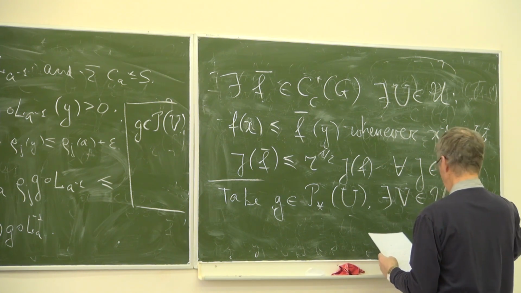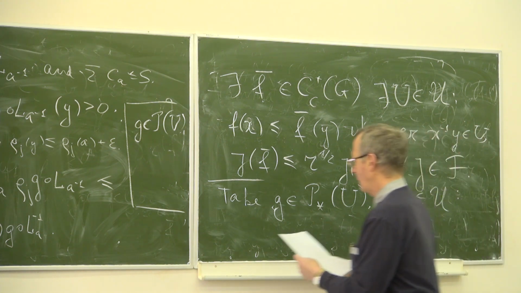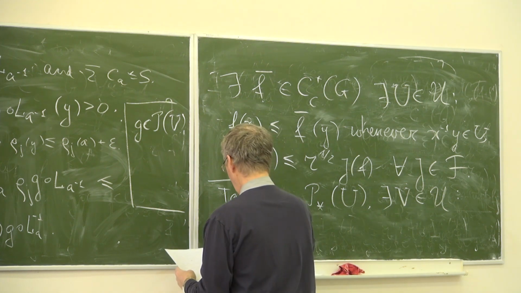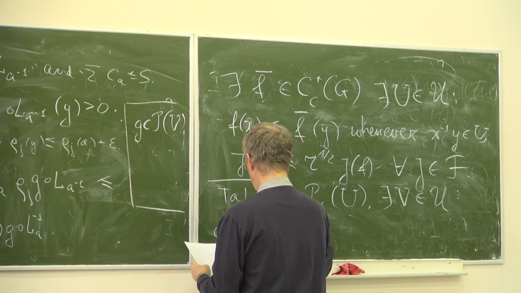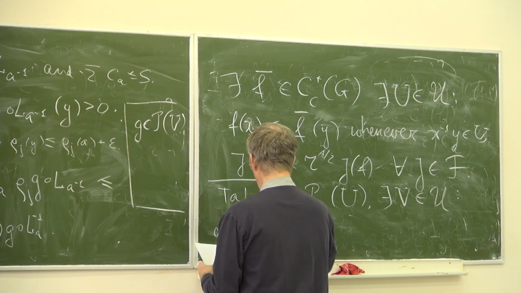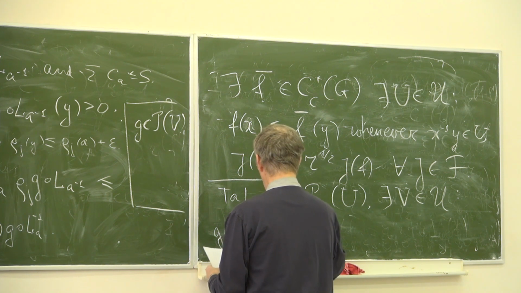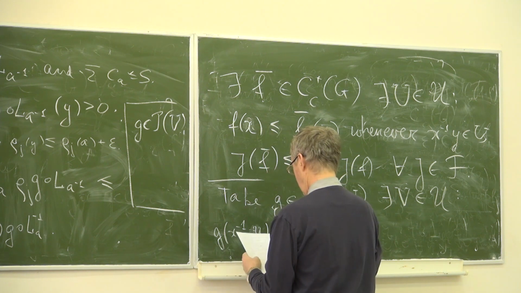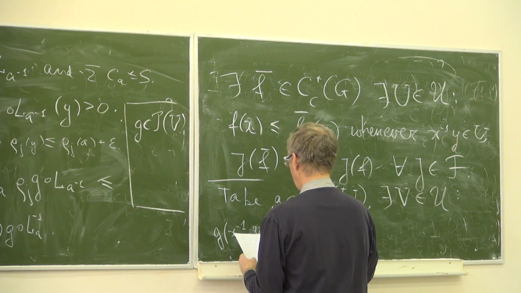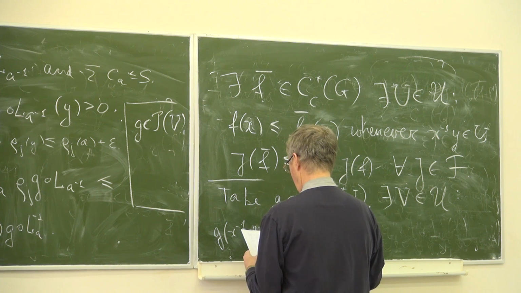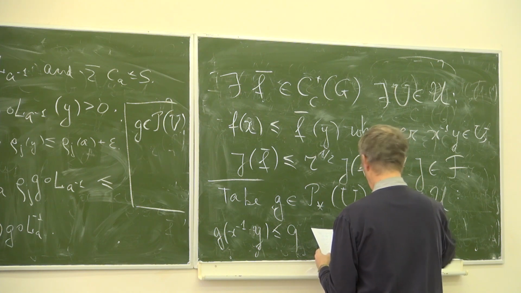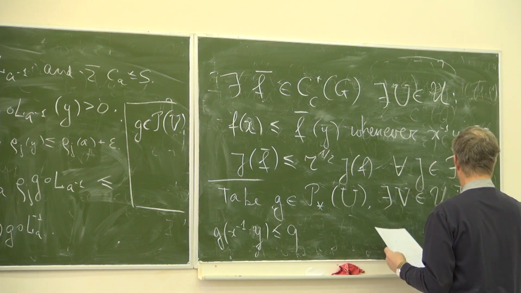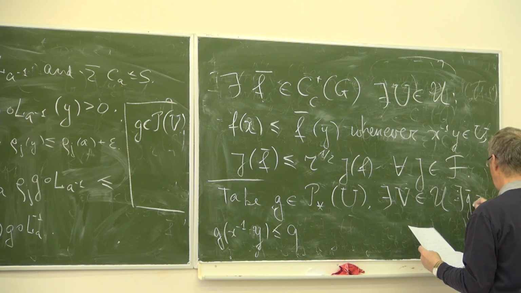V of unity, so that g of x to the power minus 1 y is dominated by, I forgot. And there exists g bar, which is greater than g.